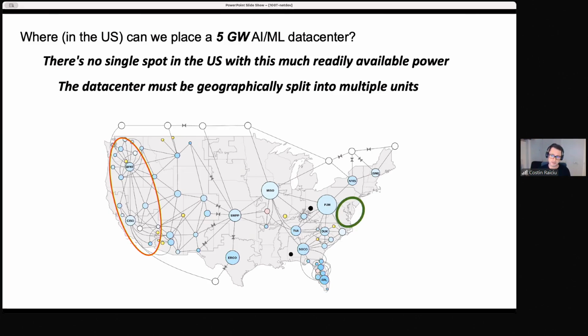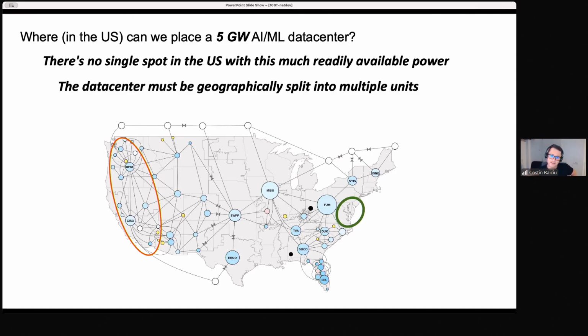You'll be using this data center not only for training, which would be the first part, but also for inference, and for inference it makes sense to be close to your customers. So you're probably looking at an east-west split. That means for training, you'll have something like a 30 millisecond one-way delay between the data centers, which is quite a lot.